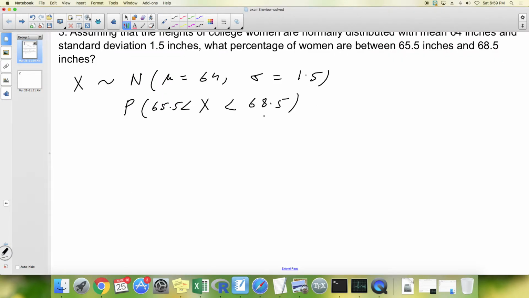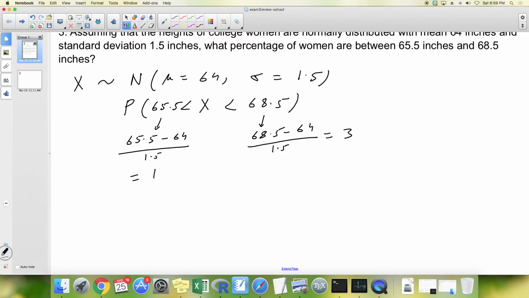So as usual, find the z-score. This one's 3 and this one's 1.